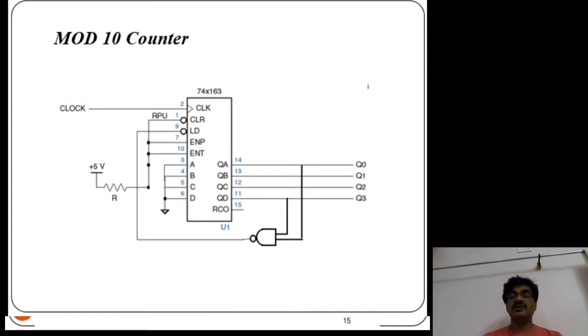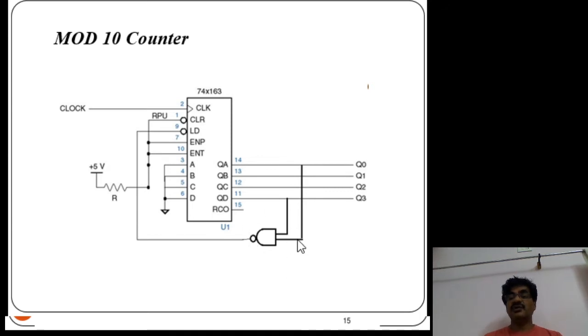So let us see how to design this mod 10 counter using 74163. The counting starts when clear is 1, load is 1, and ENT and ENP are also 1. Initially assume all are at logic high, but the load signal is connected through a NAND gate.